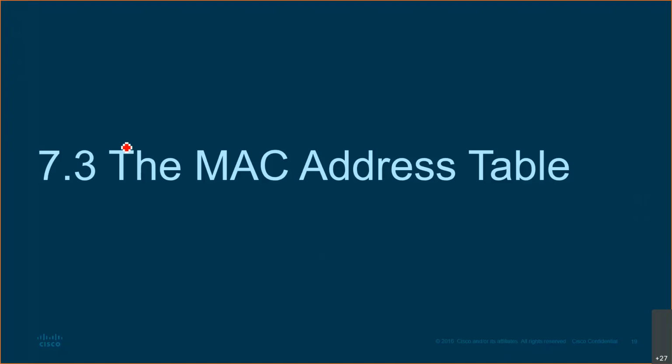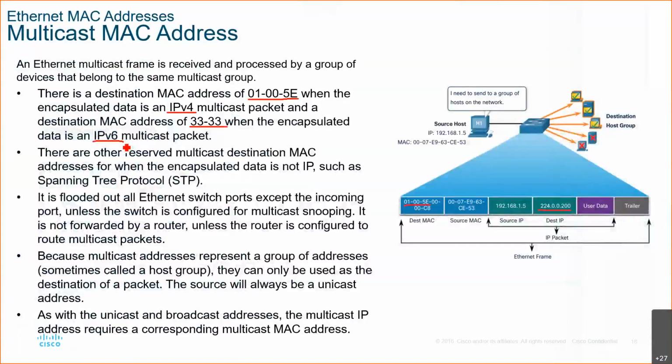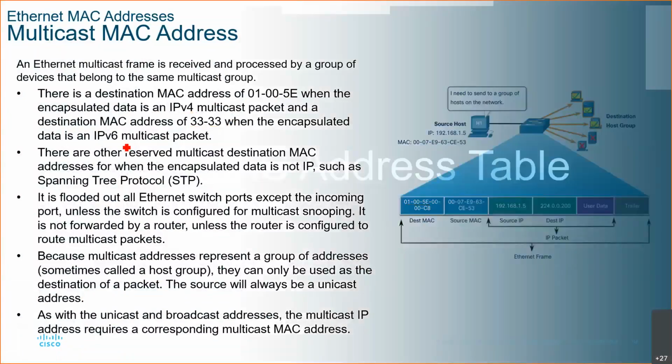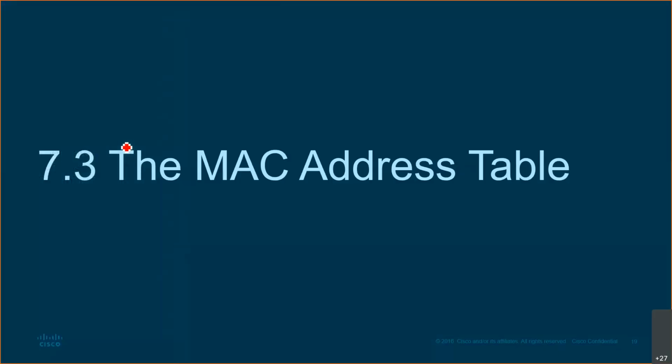Now let's look at the MAC address table. There is an actual table in our switch machines which tells us the MAC address of each computer that is connected to it.